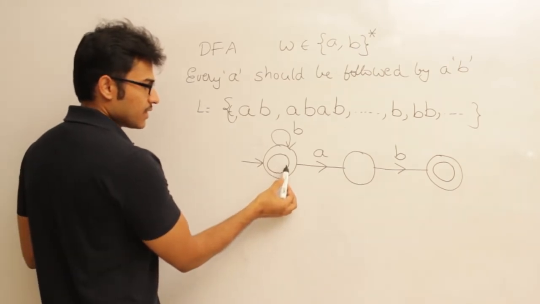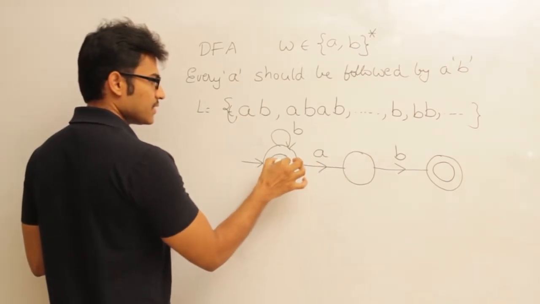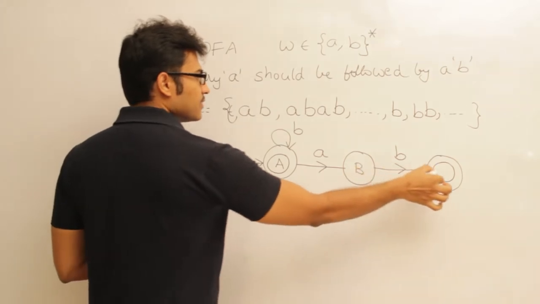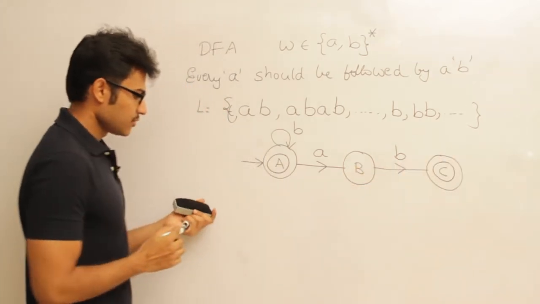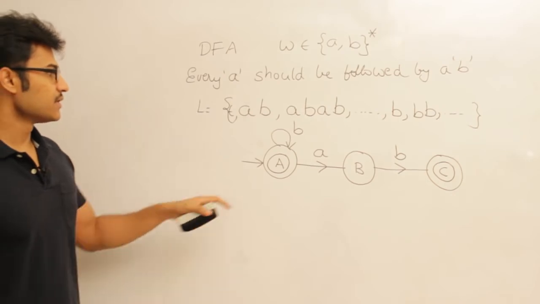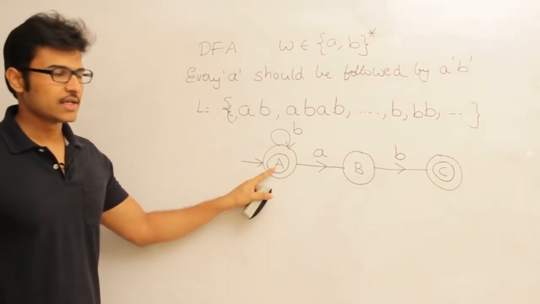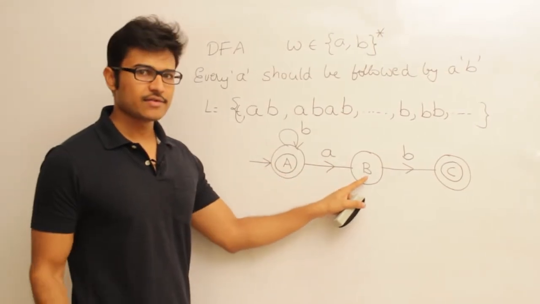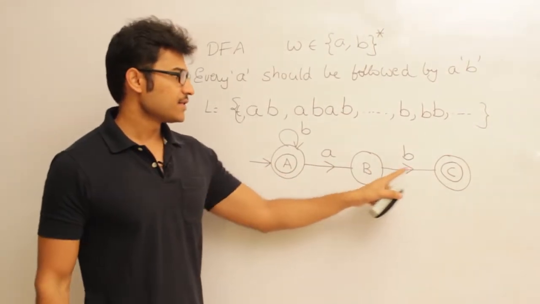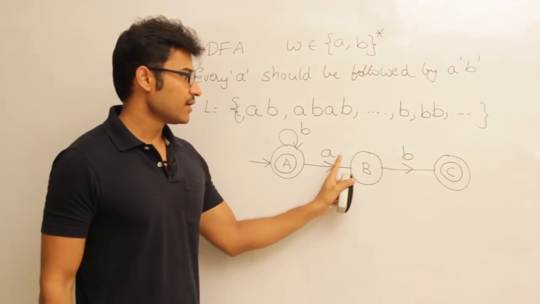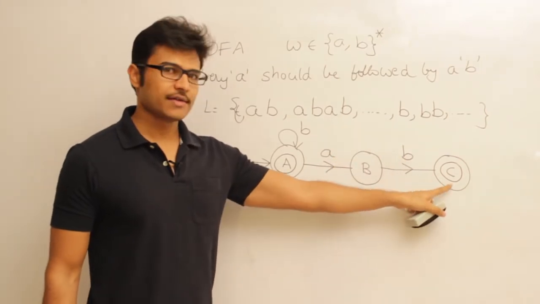Let us say this is state A, this is state B, this is state C. According to this problem, state A says that I have not seen any A, state B says that I have seen exactly one A, and state C says that I have seen an A followed by a B, therefore I am going to accept it.